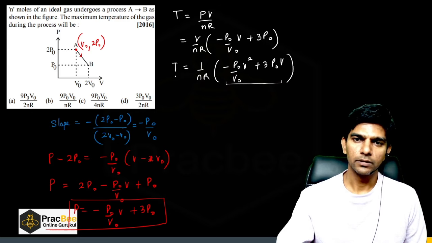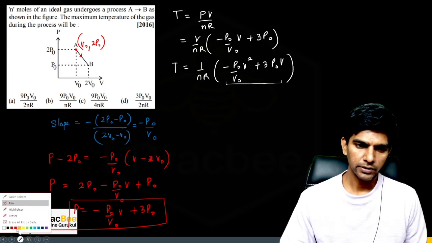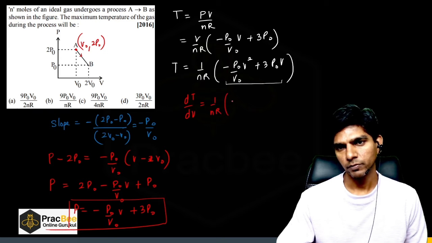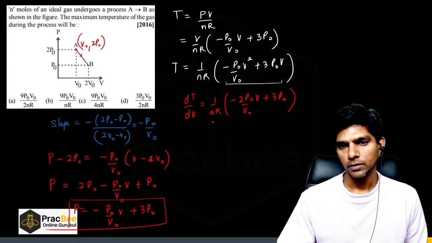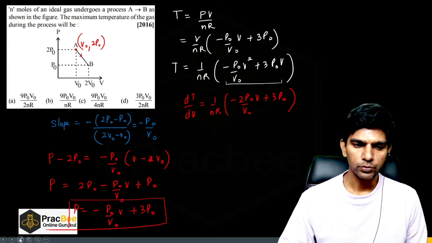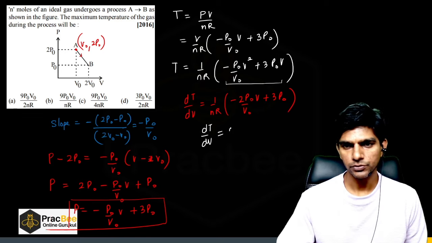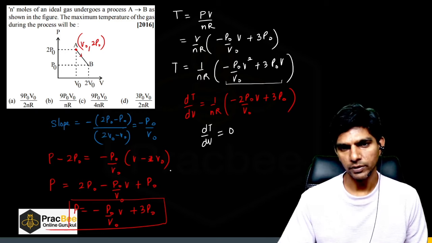So if I want to find the maximum value of the temperature, let us differentiate this. So dT by dV is equal to 1 by nR times minus 2 P naught by V naught times V plus 3 P naught. Now we can put this equal to 0, so dT by dV will be equal to 0 for the maxima or minimum value.